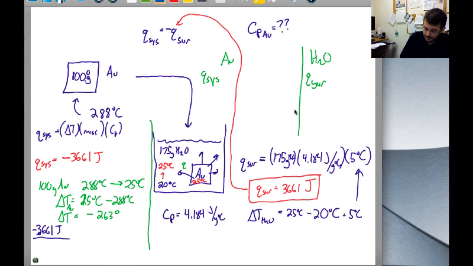Our change in temperature is negative 263 degrees centigrade. And our mass was 100 grams. What's nice is notice how the signs cancel. The heat capacity should be positive. That gives us a value of 0.139 joules per gram degree centigrade.